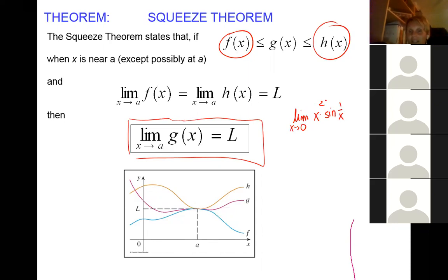Here we can see that we don't really know, because sine of 1 over x is not defined at 0. If something is not defined, we're not really sure. We can't say 0, and we can't say the function is completely undefined at 0. But then I see sine, and I can definitely think about the squeeze theorem, because I can do this.